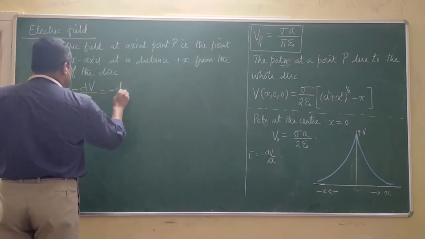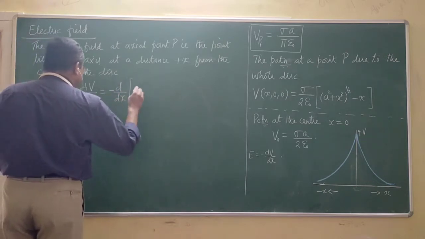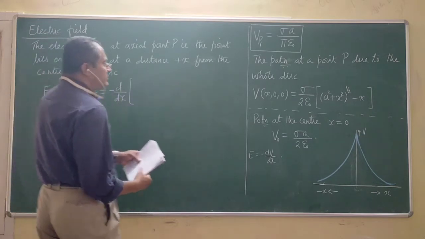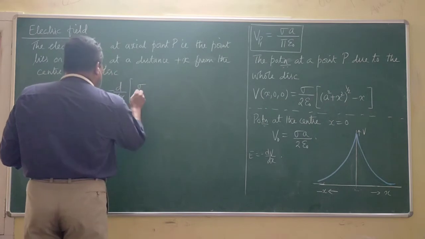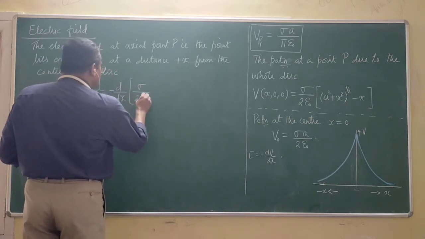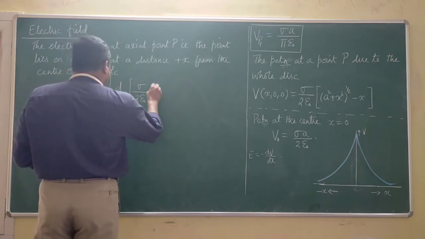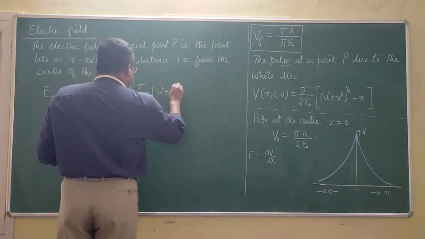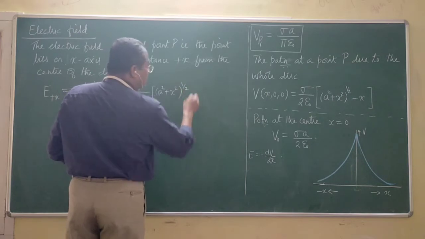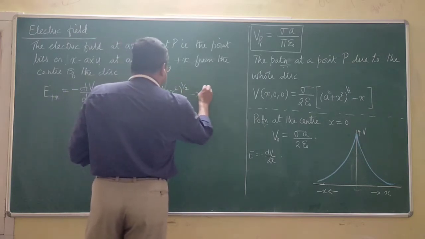This is equal to minus d by dx of the entire formula for potential. This is what I am going to use. Sigma by 2 epsilon naught into a squared plus x squared whole power half minus x.